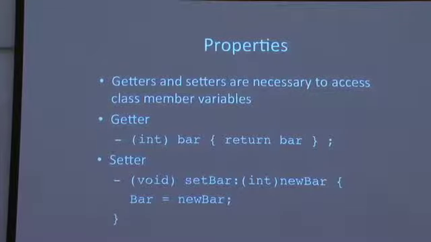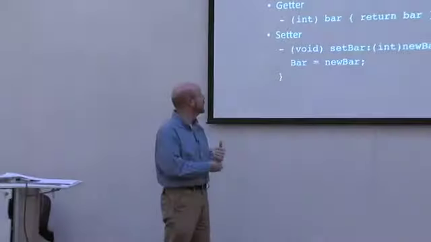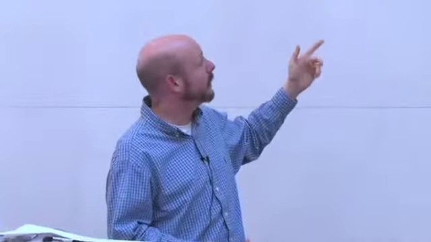Then David had also talked about this idea of properties. So properties are sort of a special construct in Objective-C just to make your life a little bit easier. We've talked about the idea of using getters and setters. When you use properties, you basically get getters and setters to access them.